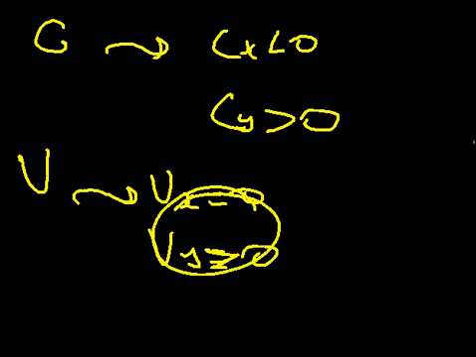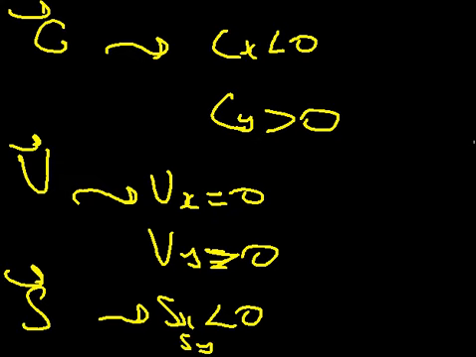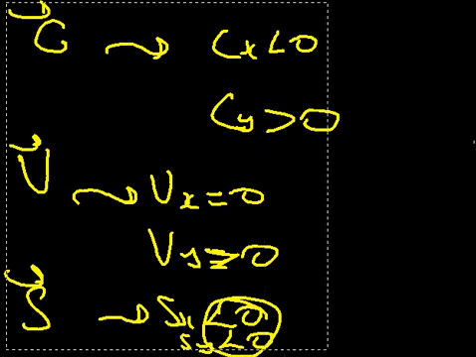What is the direction of that vector? Let's say we have the vector S with components Sx less than 0 and Sy less than 0. In which quadrant does the vector belong, and what are the possible directions?